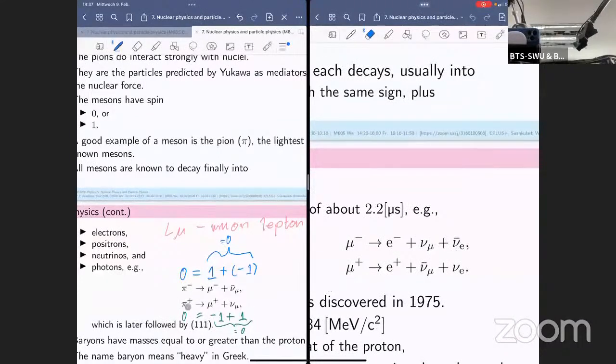The pion plus will decay into muon plus and a muon neutrino. And after that, the muon plus will decay into a positron, and we will get a muon antineutrino and an electron neutrino too.